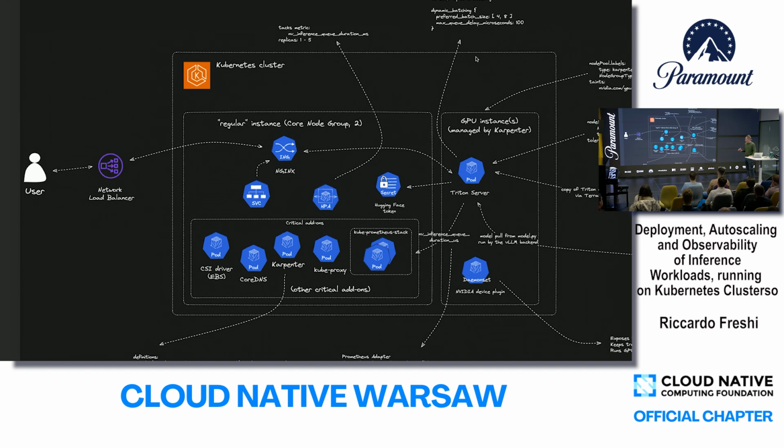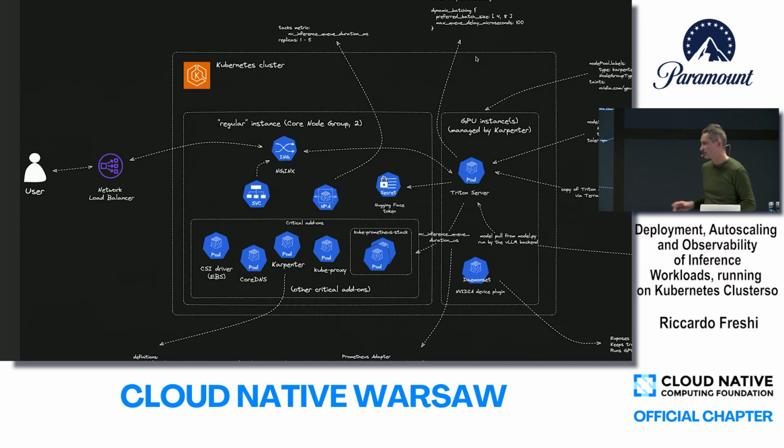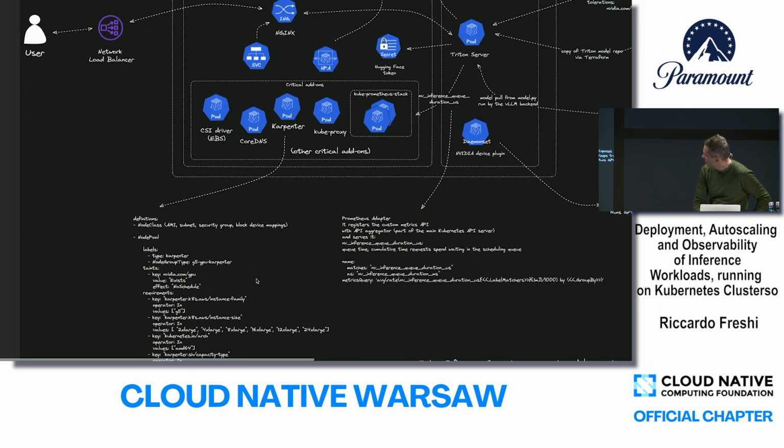The way it works is that it looks at pods that are pending and requests additional instances to the cloud interface, let's say. So I'm going to show you a little bit more in detail how this is done.